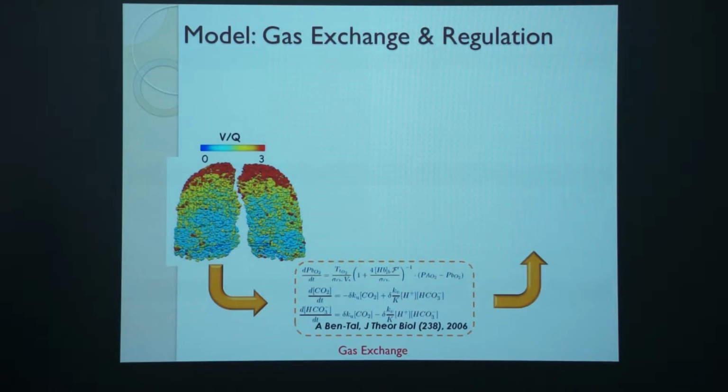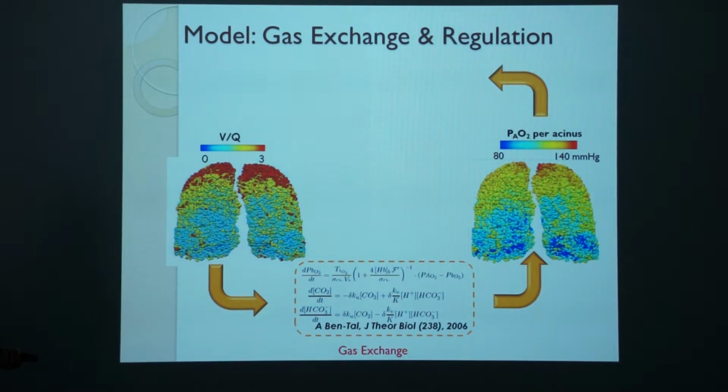With mathematically based equations, we can actually predict function. So here is the partial pressure of oxygen in your arteries, which is a prediction of how much blood oxygenation you're getting. So this is a prediction of function for each and every single one of those units. And you can see there is quite a big range, from 80 to 140 millimeters of mercury.